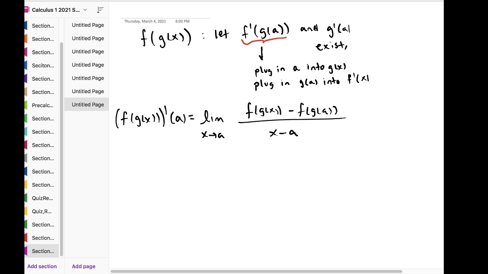So now, let's say you were developing this for yourself for the first time, you might think that g prime should be required. So what can I do to this to force a g prime to appear? Where is the derivative of g?